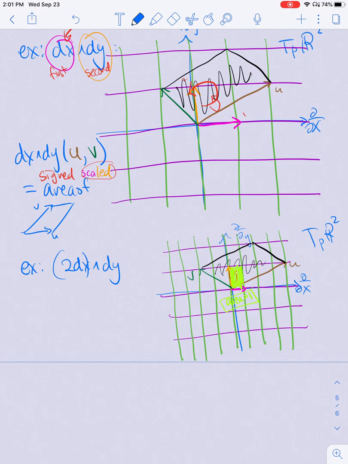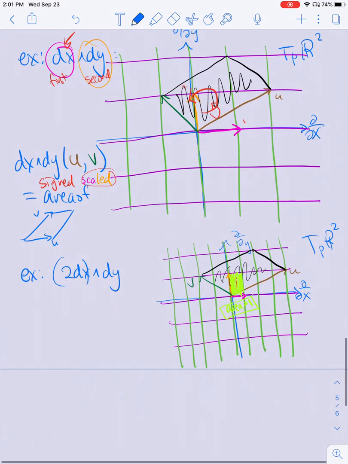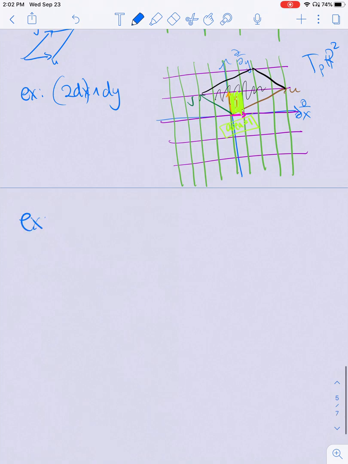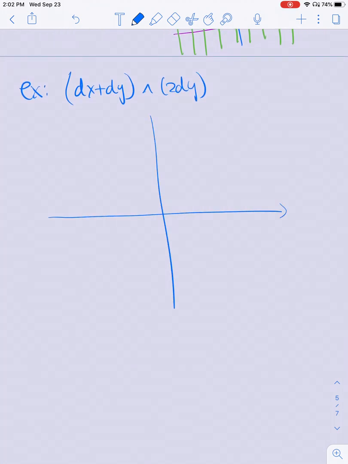And then the scaling is I measure it so that the block determined by the pink and the orange vectors is area 1. So another example, let's do dx plus dy, wedge 2 dy. In this case, again, d by dx, d by dy, TPR2.